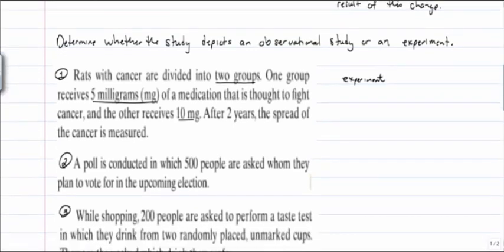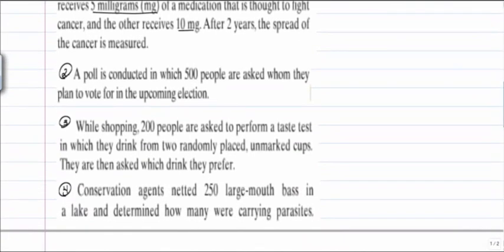Number 2. A poll is conducted in which 500 people are asked whom they plan to vote for in the upcoming election. This would be an observational study. You're just asking a question and writing down what the response was. Number 3.